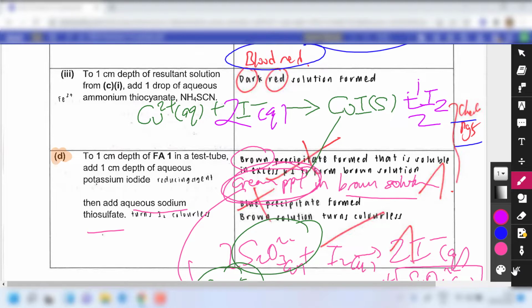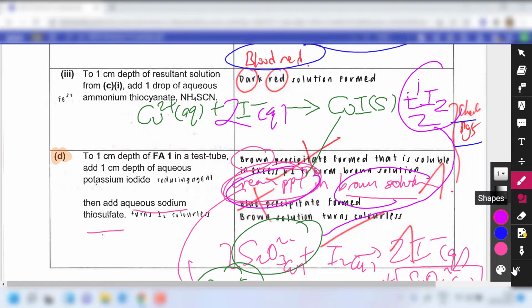The iodine, sorry, not iron 2, the iodine, is the brown solution which you observed. That's why we have cream PPT in brown solution. And you can decolorize the iodine in the presence of thiosulfate, because thiosulfate is usually used to remove iodine in the solution, and then you are left with copper 1 iodide.